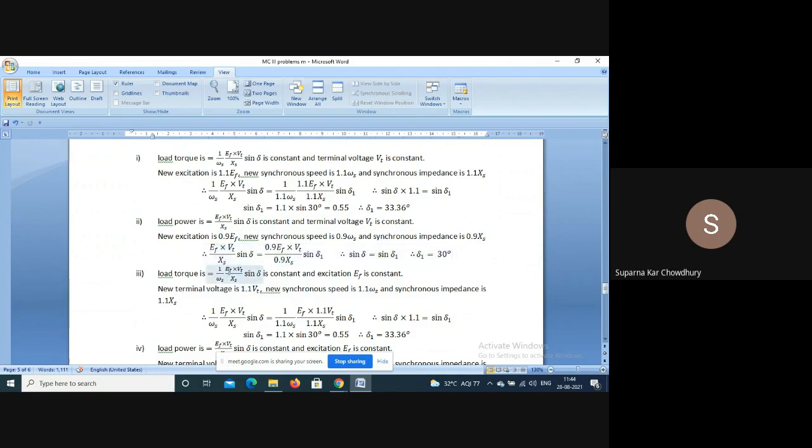So your power is constant. So EF Vt by Xs sine delta is equal to 0.9 EF into Vt by 0.9 Xs sine delta 1. So your sine delta is equal to sine delta 1. So delta 1 is equal to 30.